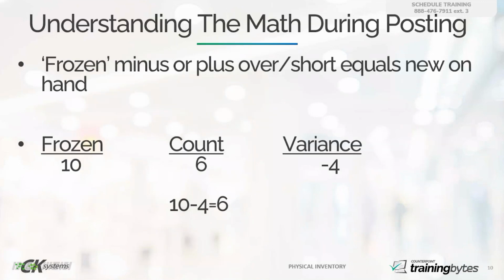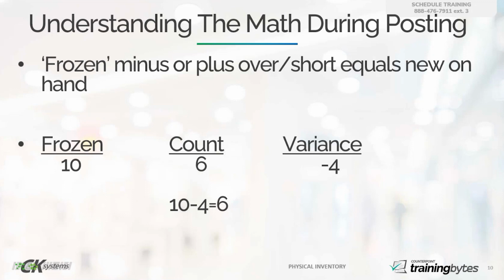So I want you to understand the math that Counterpoint does during the posting process. At the end of the day, when you're posting, Counterpoint's going to look at your frozen, what happened during the create step. It's going to look at what you actually counted and the variance. And then the math Counterpoint does is the frozen plus or minus the variance equals your new on hand.